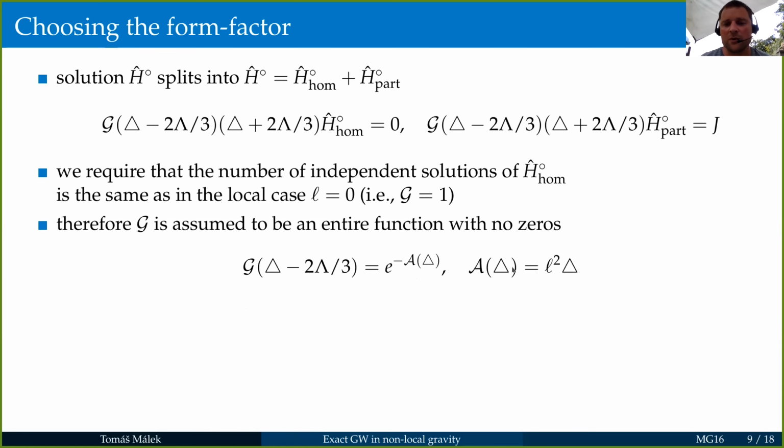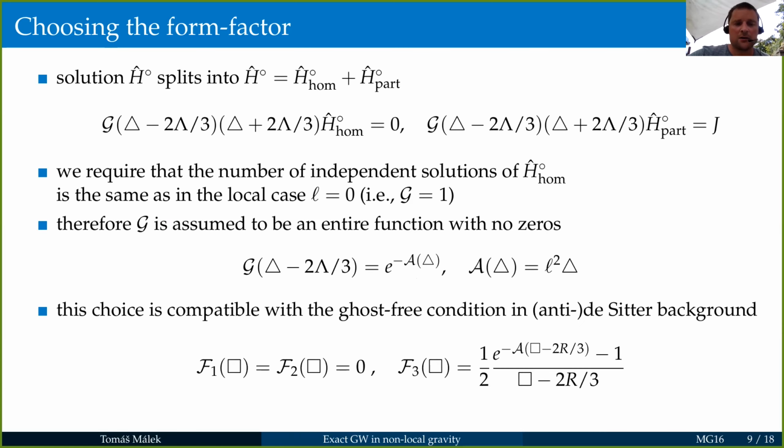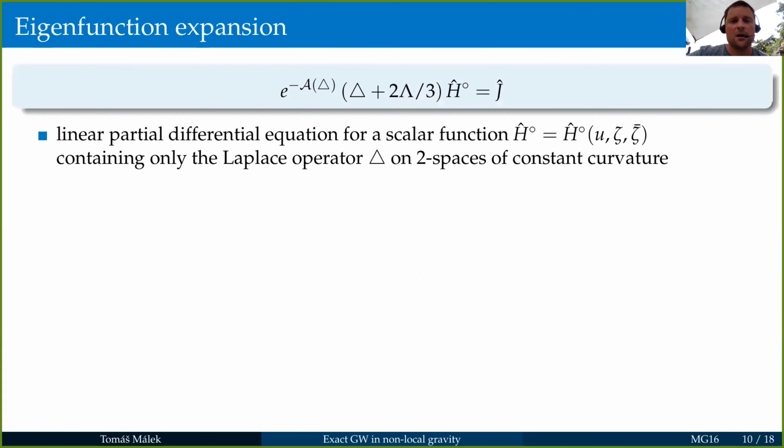Moreover, we choose this entire function to be L squared times the Laplacian, which allows us to use the heat kernel method to solve the field equation. This choice is actually compatible with the ghost-free condition in anti-de Sitter and de Sitter backgrounds, so it's correct to use it. And now, this is the field equation for the unknown function h0, and J is the source, which we have to prescribe, and then solve for h0.